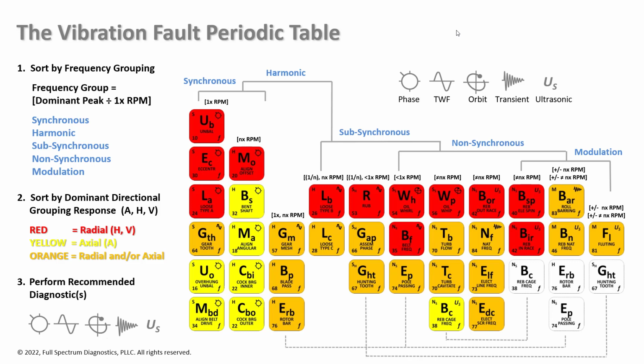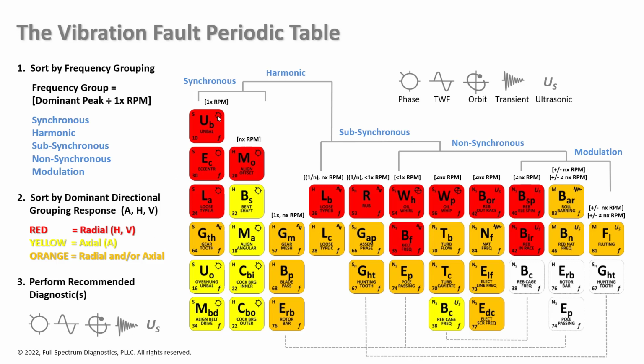When we put our sorting mechanism in, we get the right frequency grouping, we get the right directional response, and then we can perform recommended diagnostics. The diagnostics are little icons that you can see here at the bottom of the page. There's a phase icon, time waveform, oil whirl or orbit analysis, transient analysis, and ultrasonic analysis.